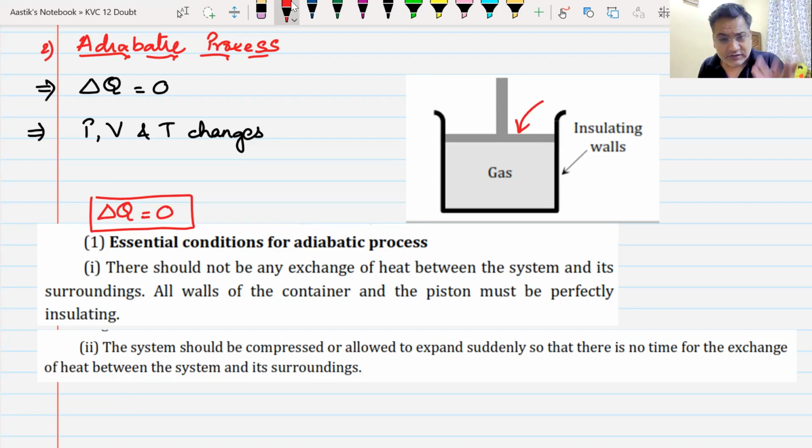So that there is no time available for heat exchange to take place. It will take some time for heat to go out or come in. The process takes place very fast, there is no time for heat to exchange, and then the process would be ideal adiabatic.